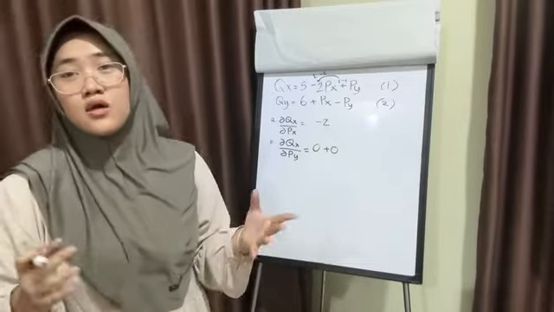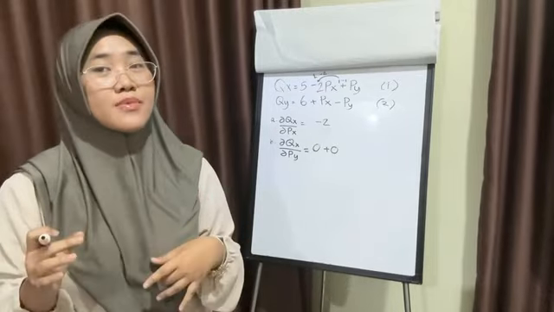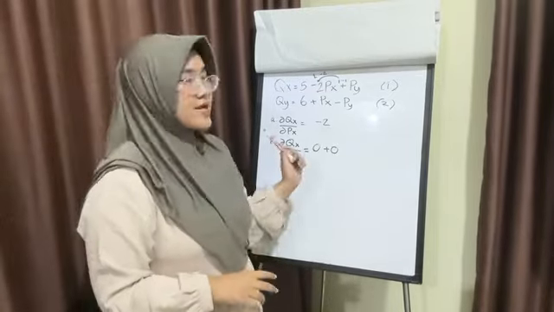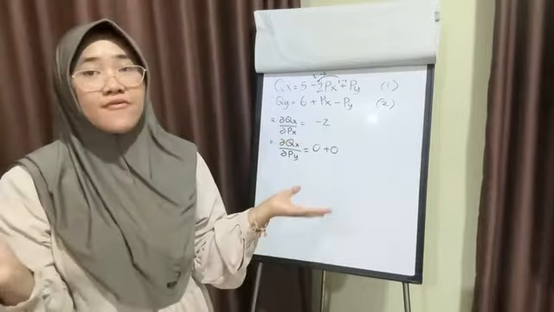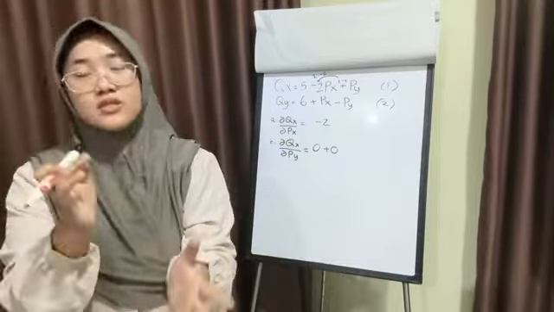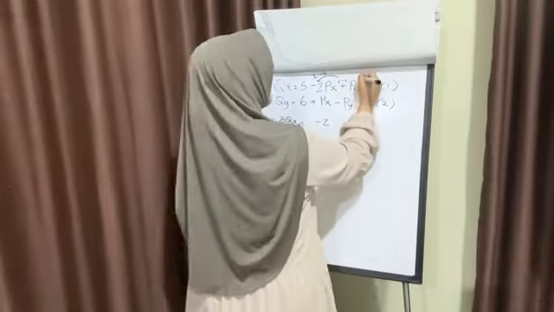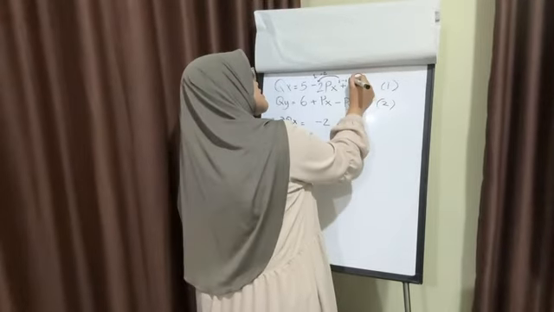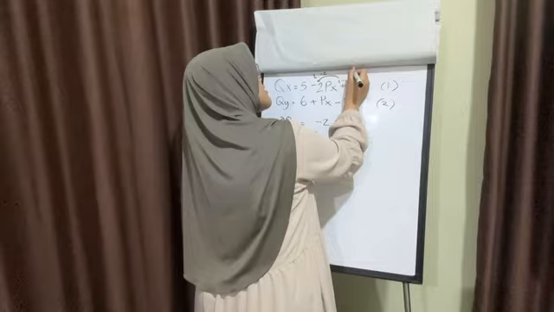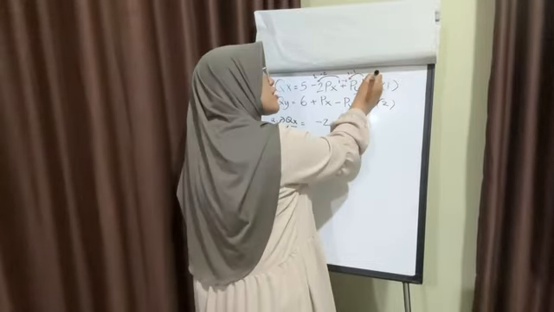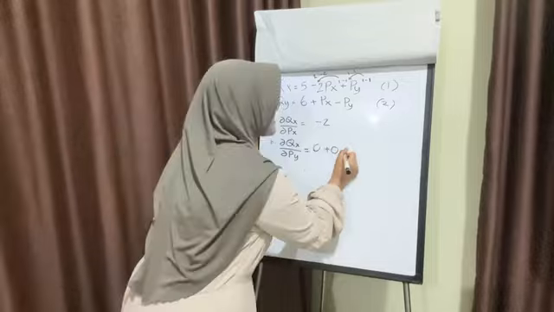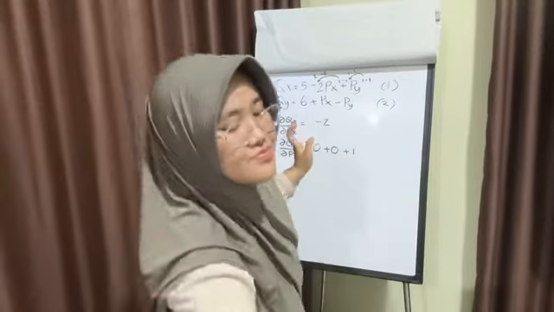Because 0 can be written with either, so I write it as plus 0. And how about the PY? The PY here doesn't have any power, so it's assumed to be 1, and the 1 moves forward, so it becomes 1 times 1. And because it moved to the front, the power is gone. So the answer here is plus 1.